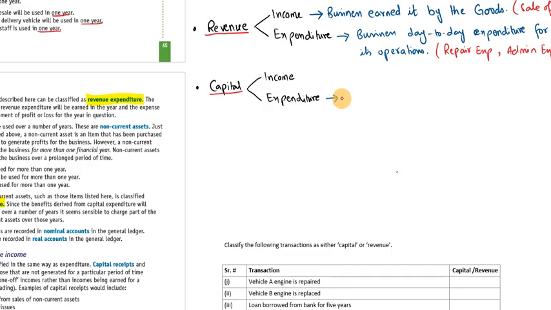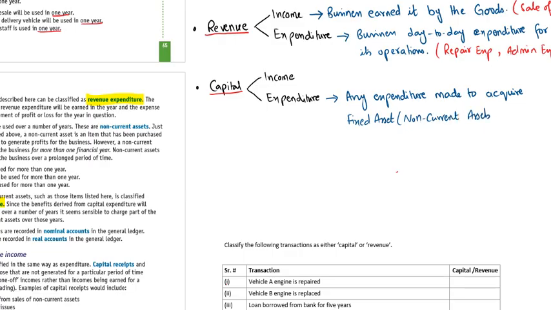In short, any expenditure made to acquire a fixed asset, and we know that a fixed asset is a non-current asset.